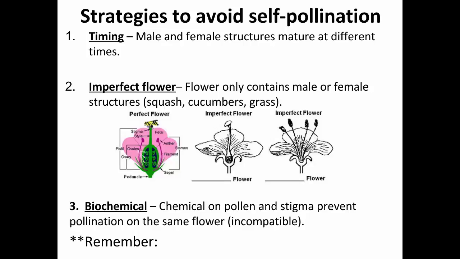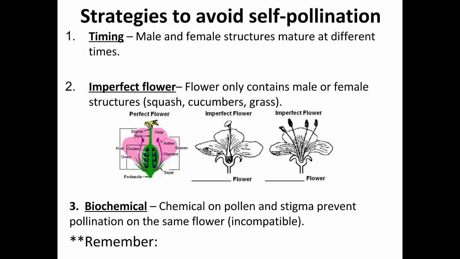One way that plants avoid it, because it would seem to make sense that, if this flower has the stamen and the anthers which produce pollen, and the stigma is right here, you would think self-pollination would be very, very common because the pollen's right here, the stigma's here, it's just falling and pollinating all the time. But there are some strategies that avoid that. One important one is timing. As the flower opens and matures, the various parts within it also mature, but at different times.